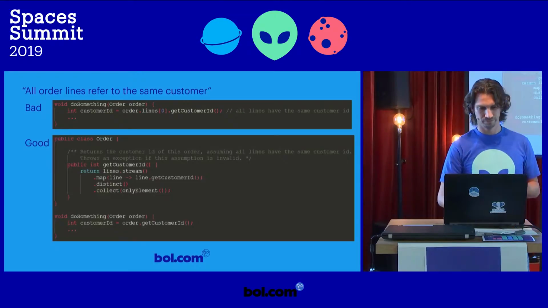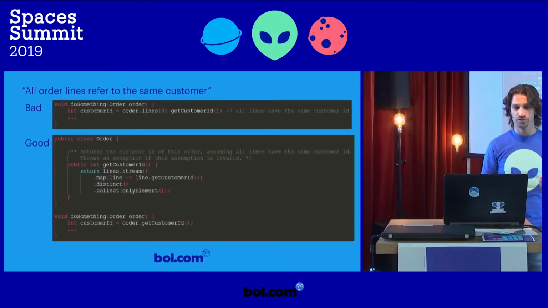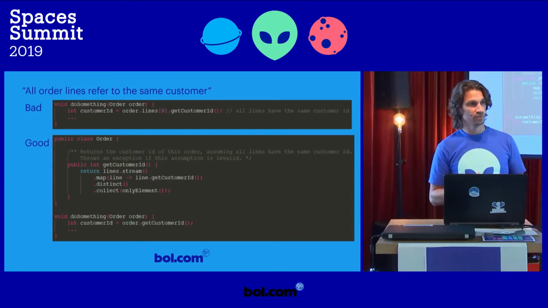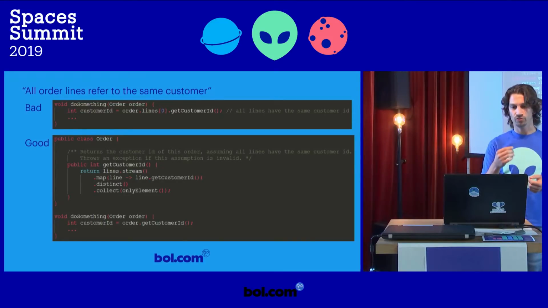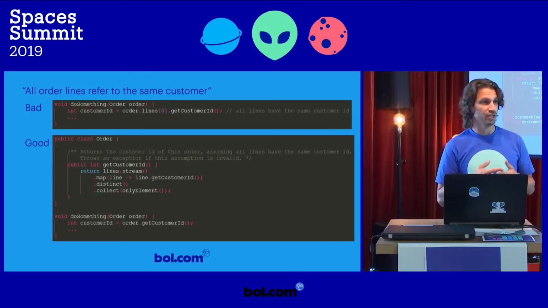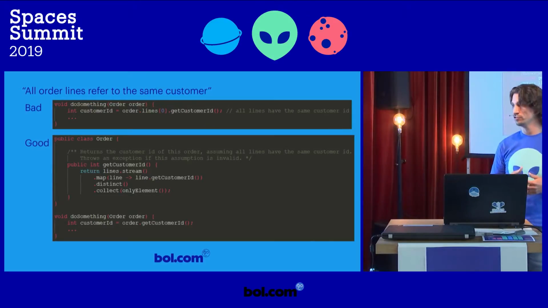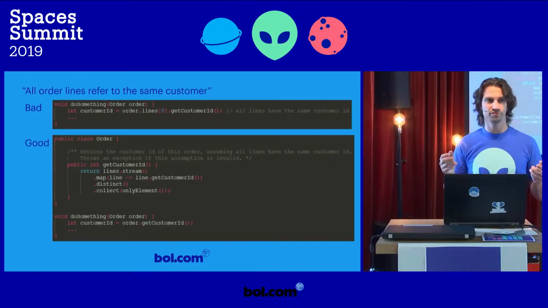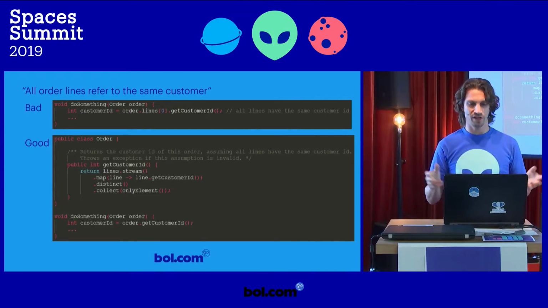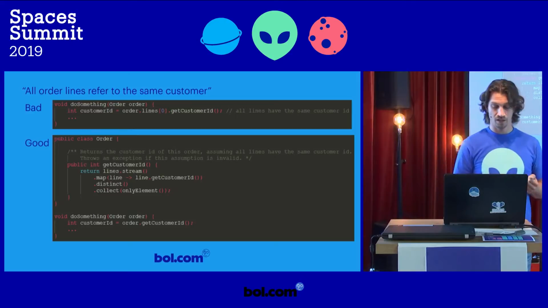We can do better. For example, we could add a method on the order that validates this business rule by looking at all the lines in the order and then checking that really all the customer IDs of these lines are all equal, and then return that result. And if it turns out that the assumption is invalid, it will throw an exception.